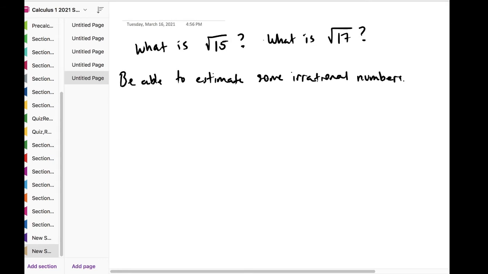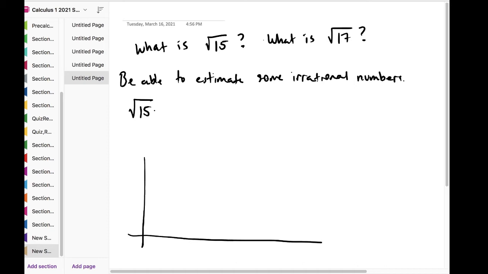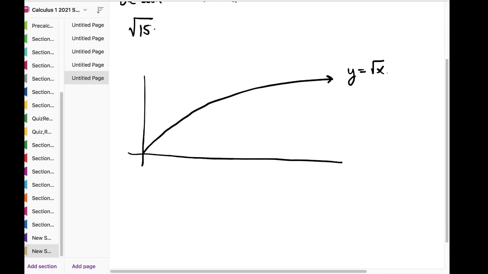So let's think about radical 15. So here's the graph y equals radical x. So what we're trying to find is at point 15, let's say this is 15, we're trying to find this y value.